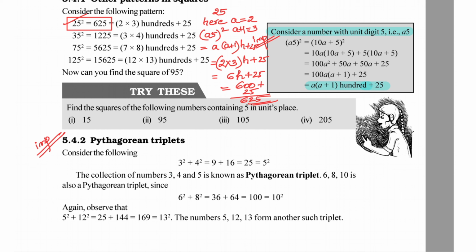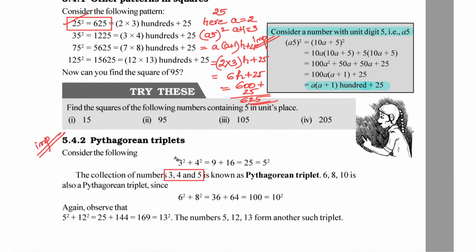Okay, we have a collection of 3 numbers where the sum of squares of the 2 smaller numbers will give you a value which is equal to the square of the third number, or the bigger number in the collection. I hope I am clear. You will have 3 numbers. Say here you have 3, 4 and 5. This is a collection of 3 numbers where you have 3 and 4, which are smaller than 5.